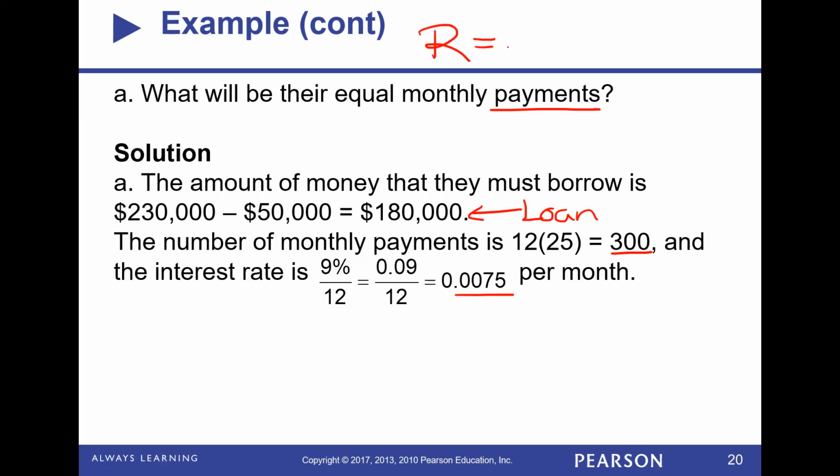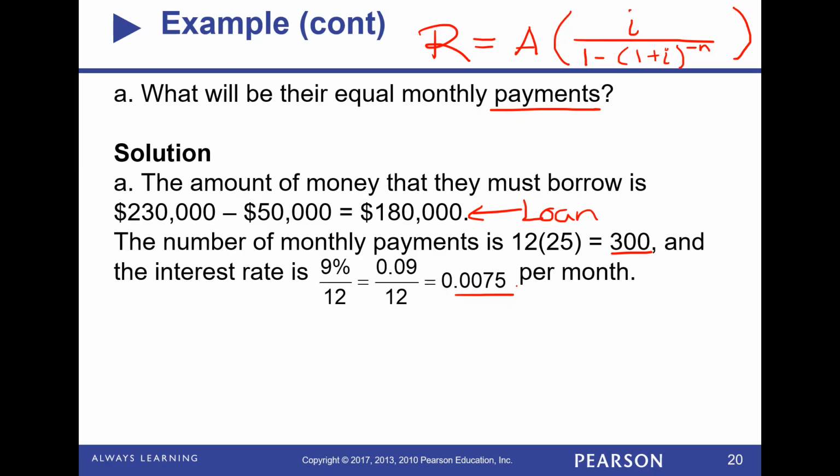Remember, it's R equals A, parentheses, I divided by 1 minus parentheses 1 plus I to the power of negative n, close parentheses. Like I said, nobody really has this fully memorized. It's a very ugly looking formula. It's very important that we figure out all of this stuff and then plug it in. So I itself was this part right here.